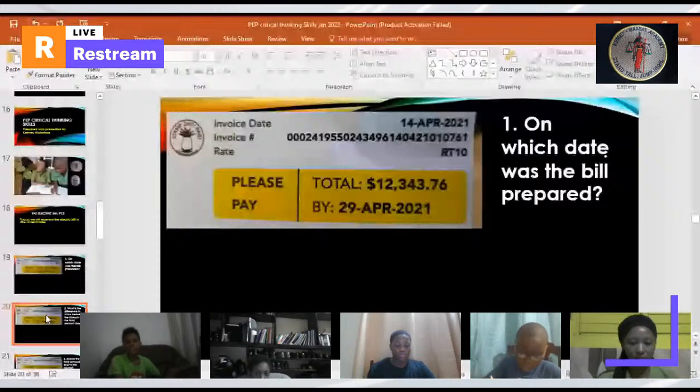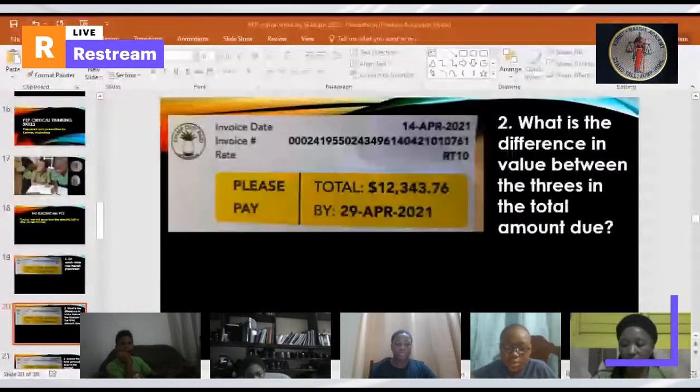Okay. Miss, by threes, do you mean fees or threes? Miss, for my answer, the value between the threes. Miss, does it mean the position they're in, like tens, ones places, miss?